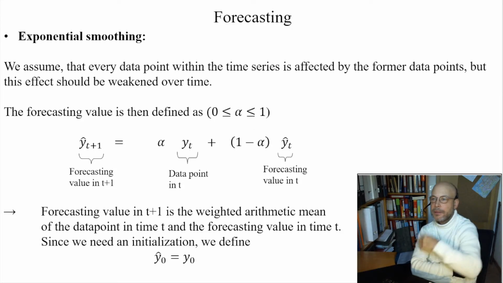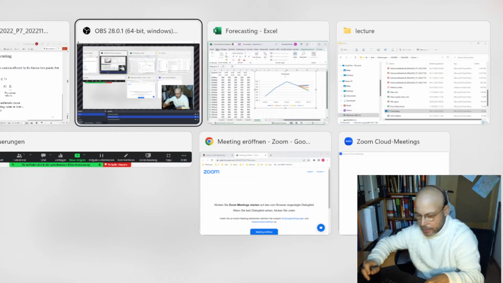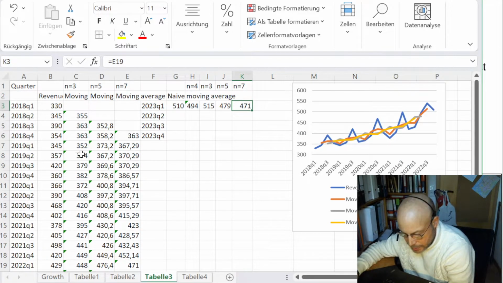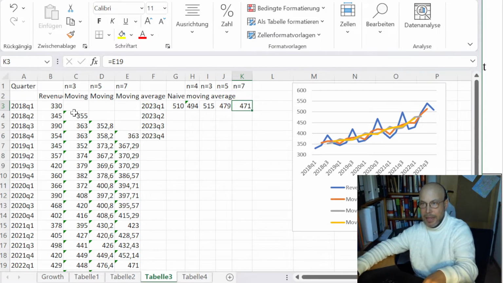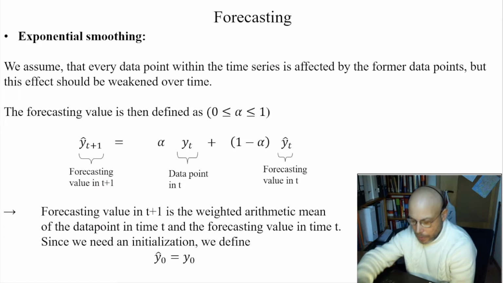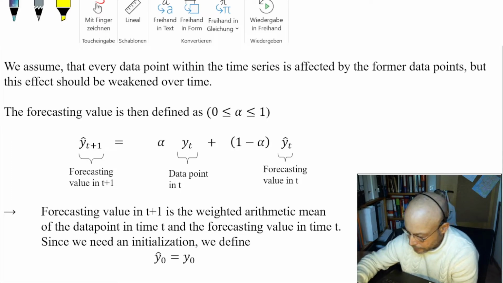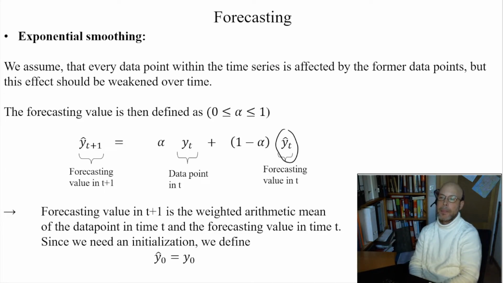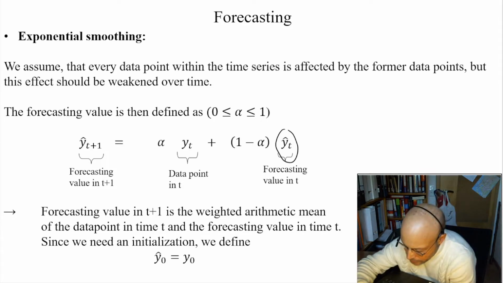and as we did it here in the moving average case, where we created a smoothed data set, now what we are doing is we are using our old created data set out of the original data, and we are then calculating a weighted average of the last data point we have, weighting with alpha.